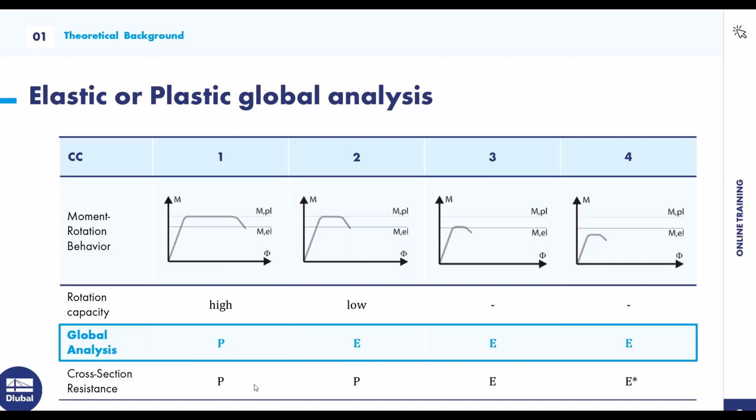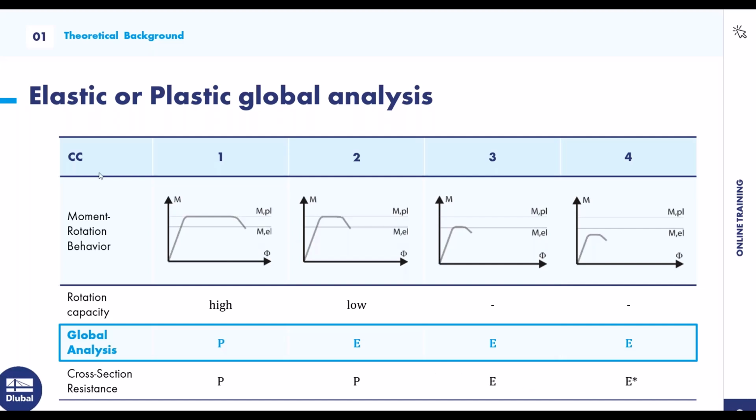And what's important to you is that the first 2 cross-section classes can be designed plastically with the plastic cross-section resistance, and for cross-section classes 3 and 4, the cross-sectional resistance can only be applied elastically.